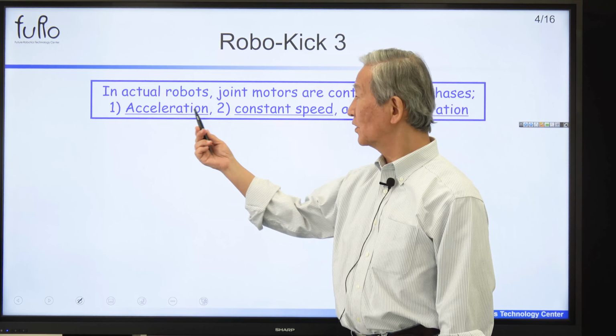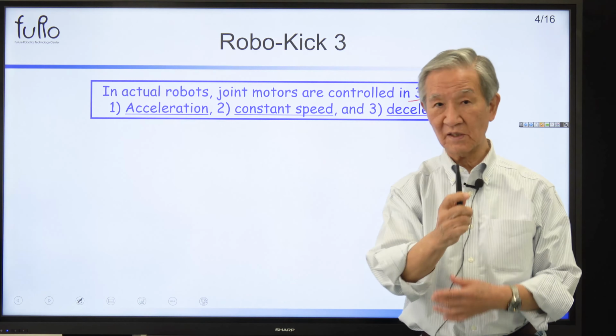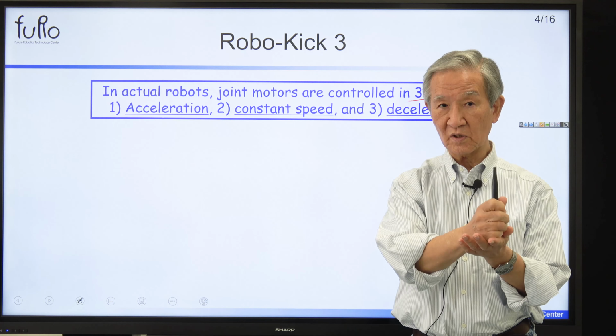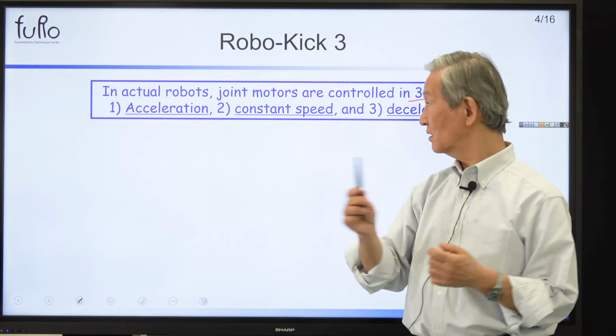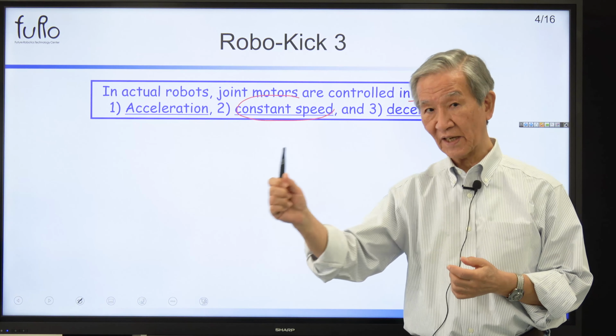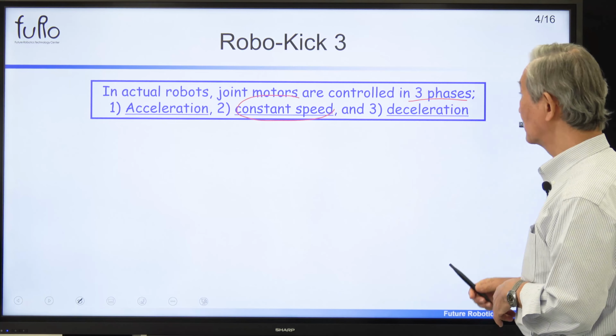We have 3 phases. One of them is to accelerate, so from stop to accelerate to speed up, and then constant speed, and then slow down to go to the target position.